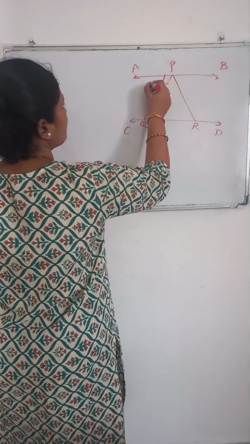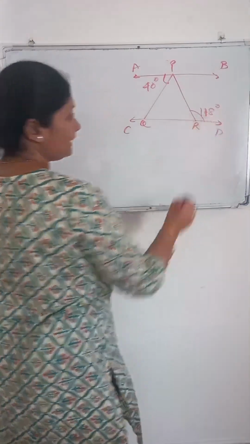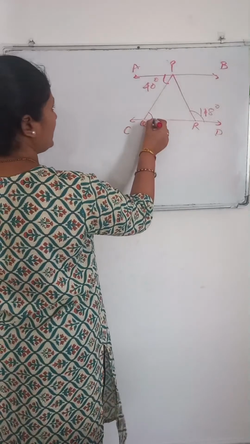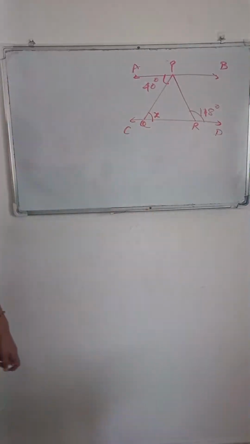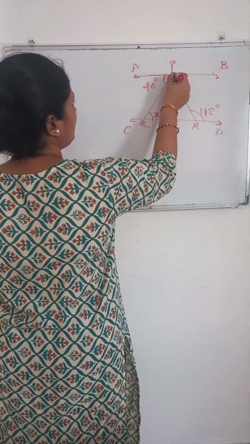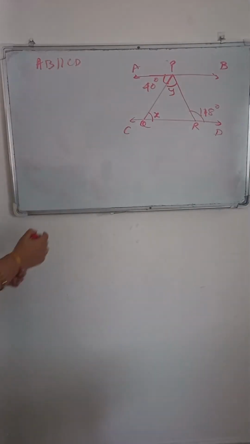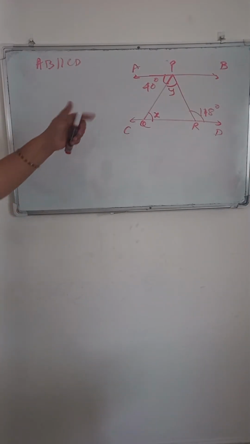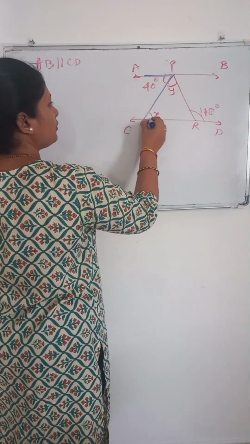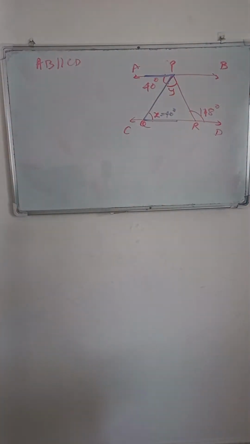This angle is given as 40 degrees and this angle is given as 118. We have to find the value of x and the value of y. They are saying AB is parallel to CD, so immediately I will get x, because there is a formation of Z. So x is also 40.